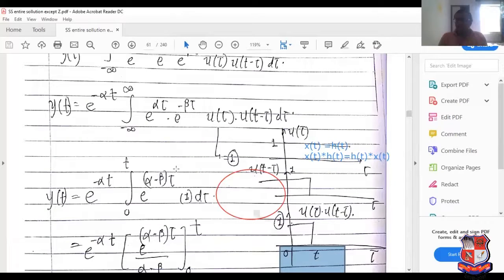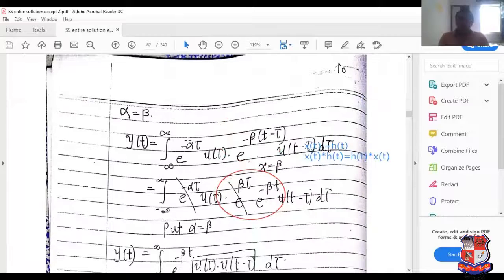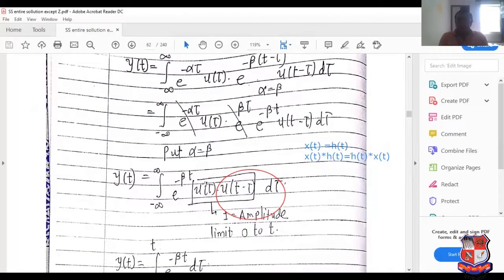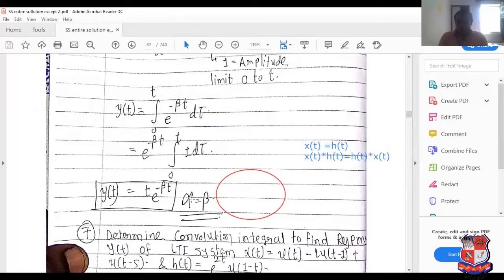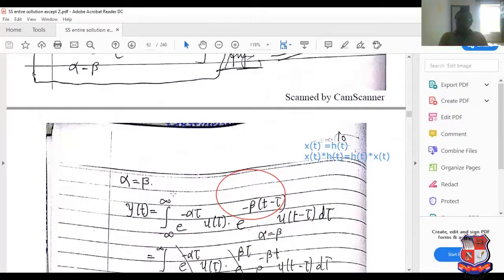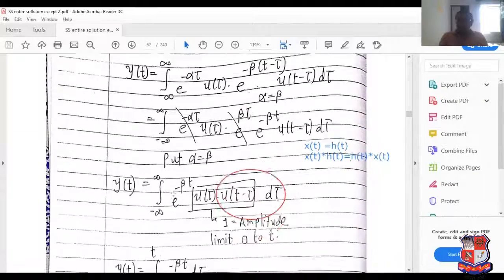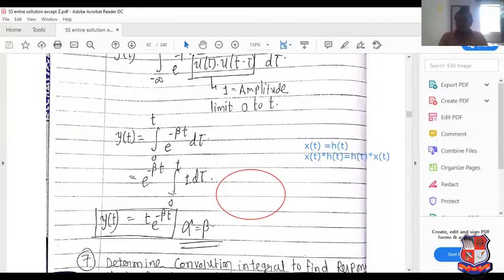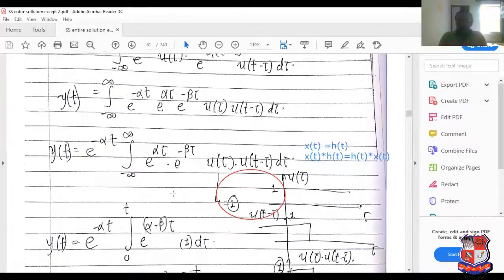But if alpha equal to beta, then e raised to 0 and we get e raised to minus beta t d tau. So t e raised to minus beta t is the final answer for alpha equal to beta. Clear? So it is the final answer related to this particular example.